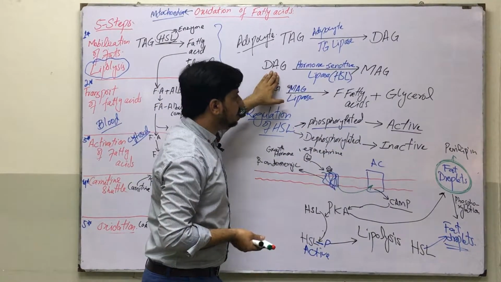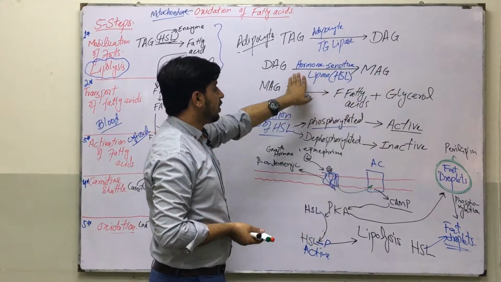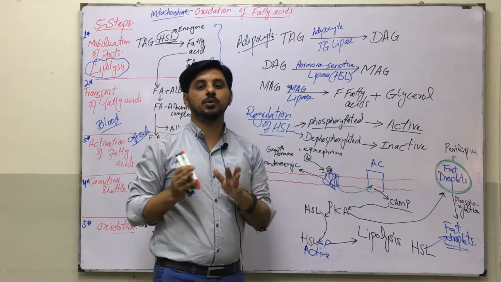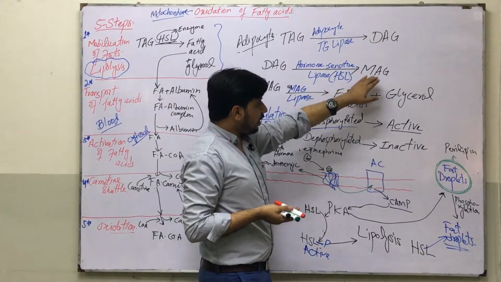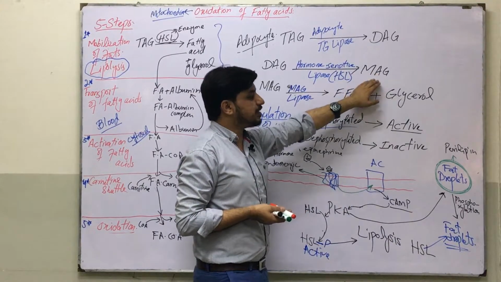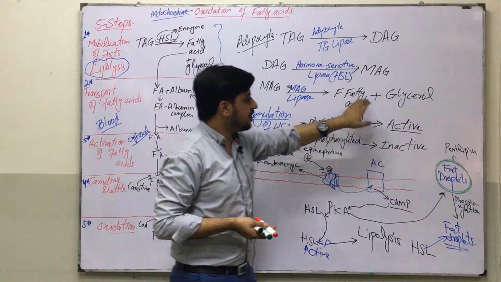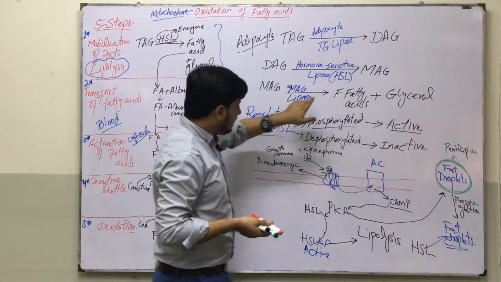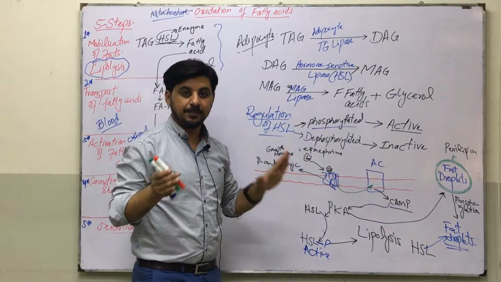Diacylglycerol will be further converted into monoacylglycerol with the help of another enzyme, hormone sensitive lipase, and this is the most important and rate limiting enzyme. After being converted into monoacylglycerol, it is converted into free fatty acids and glycerol with the help of monoacylglycerol lipase enzyme. Is that clear?